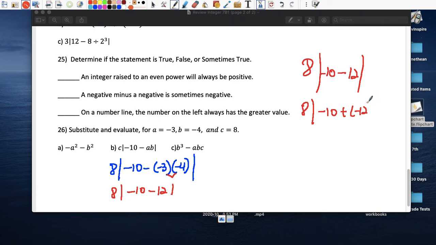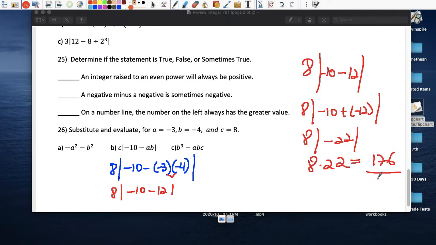Change it to an addition problem. I can clearly see they're both negative, so it makes my life easier. My answer is negative 22. Take the absolute value of negative 22, and it becomes just 22. And that's going to give us 8 times 22, which is 176 for our answer.